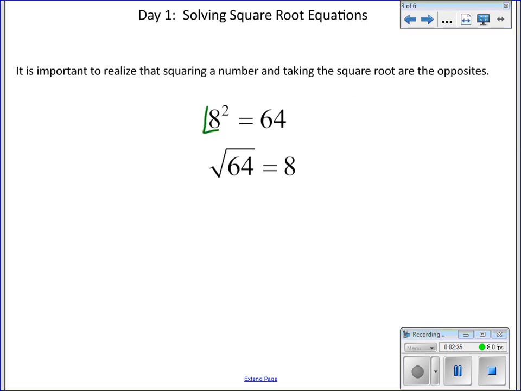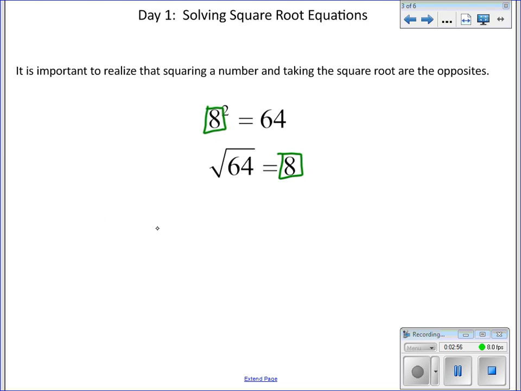If we start with 8 and we square it, we get 64. If we then take the square root of 64, we end back with 8. So we ended where we started, because squaring a number and square rooting a number are opposites. They kind of undo each other.